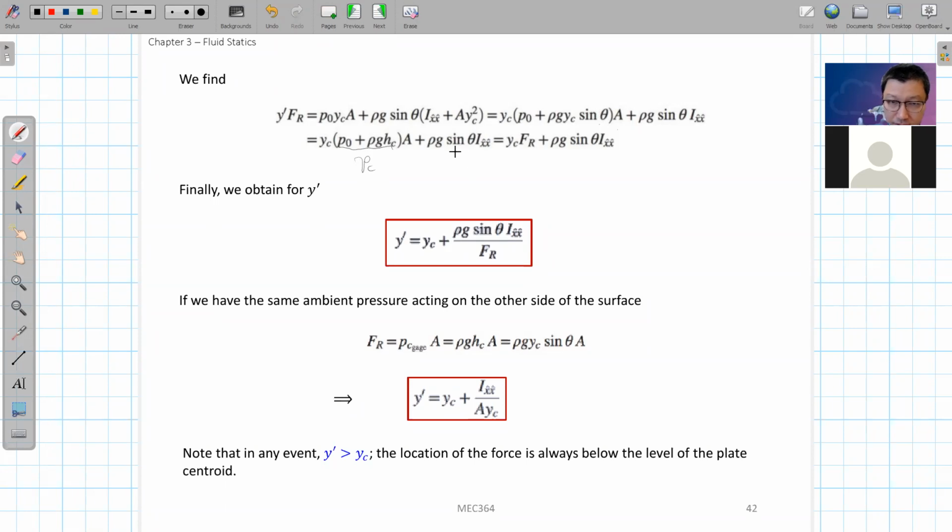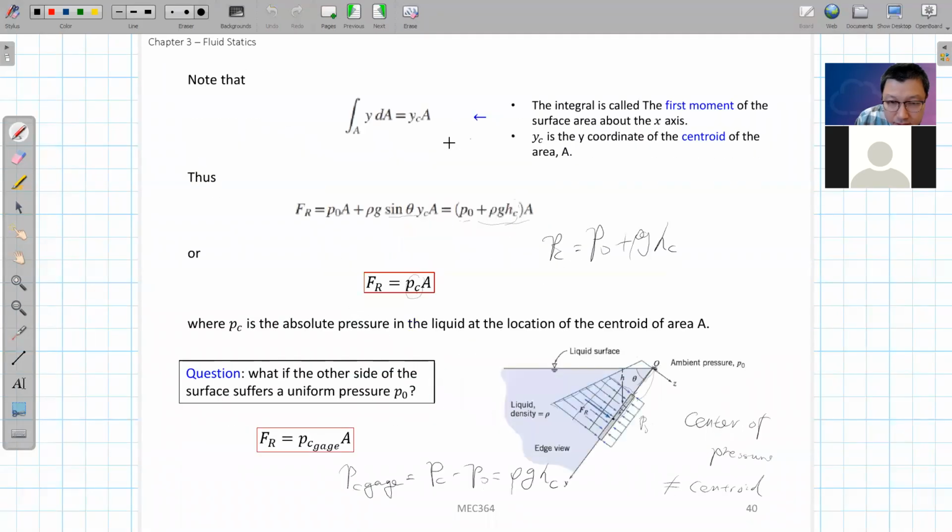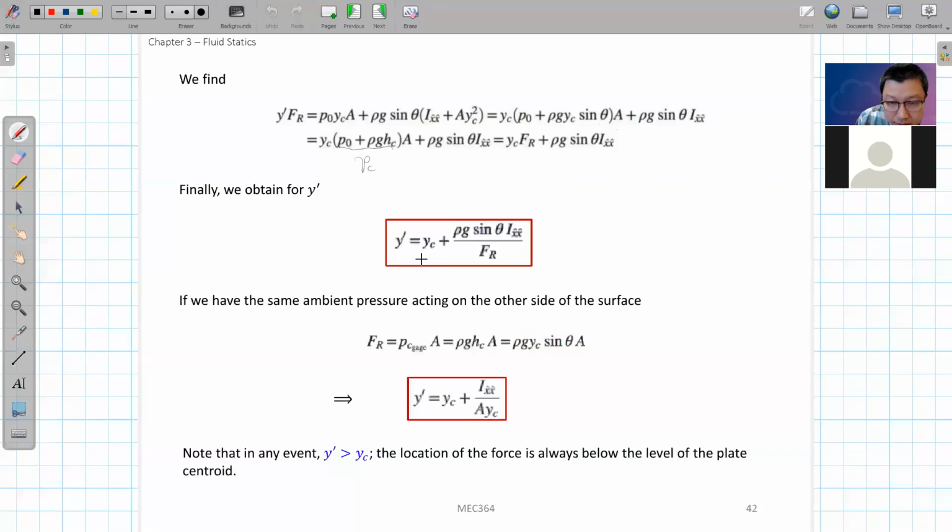And this PC times A will give us FR, the resultant force. Remember that this is the result we got, right? FR equals PC times A. So this term times A will give our resultant force, and we still have this correlation here.